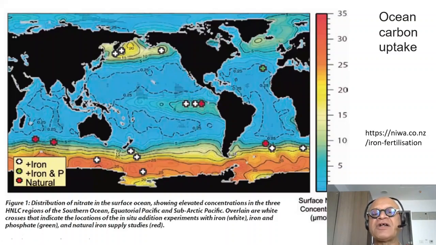And if there is an iron deficiency, either because there is not enough deposition from the atmosphere or there is not enough dissolved iron coming up with the upwelling water, then the idea is that if you go and dump artificially some iron, which becomes bioavailable, then you can drive additional photosynthesis.